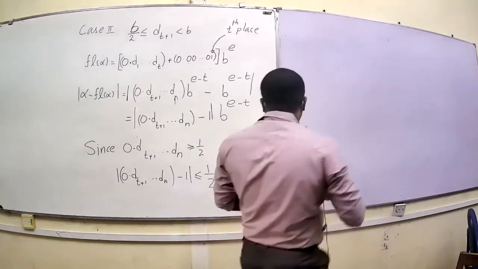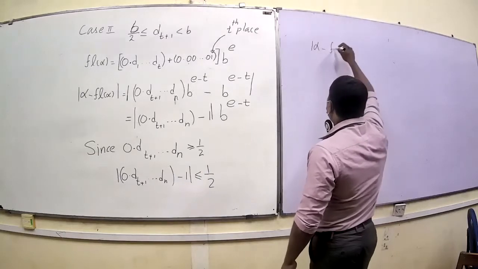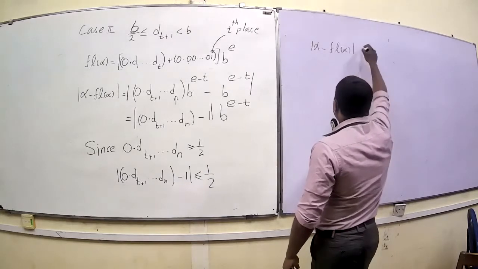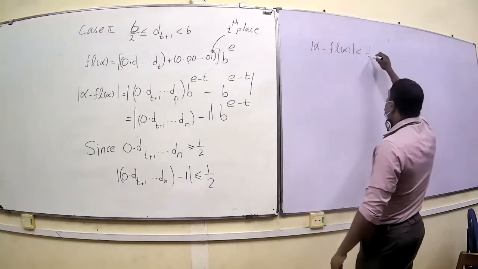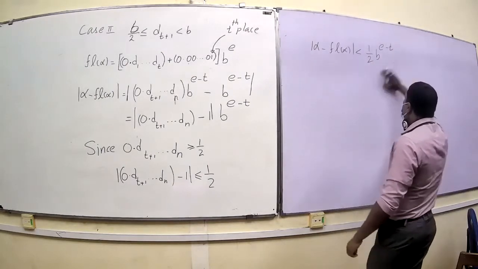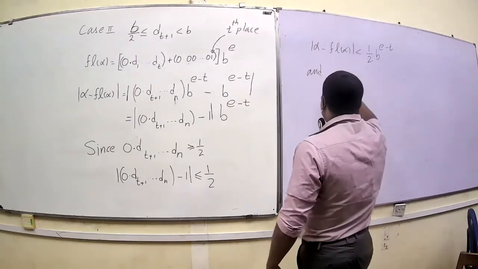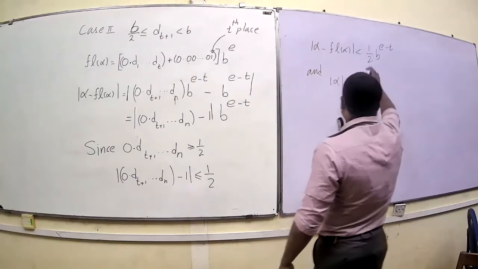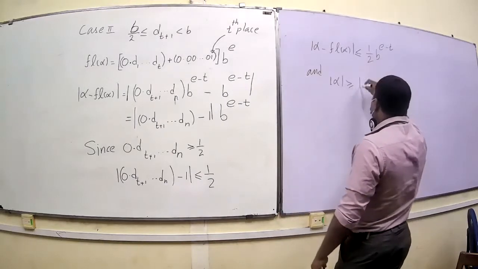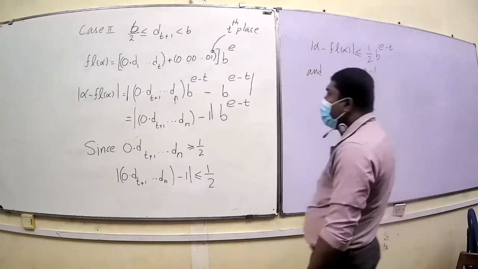Right, so because this fraction is less than half, you get alpha minus FL of alpha is less than half b to the power e minus t. Right, but you already know alpha is greater than or equal to b to the power e minus 1.